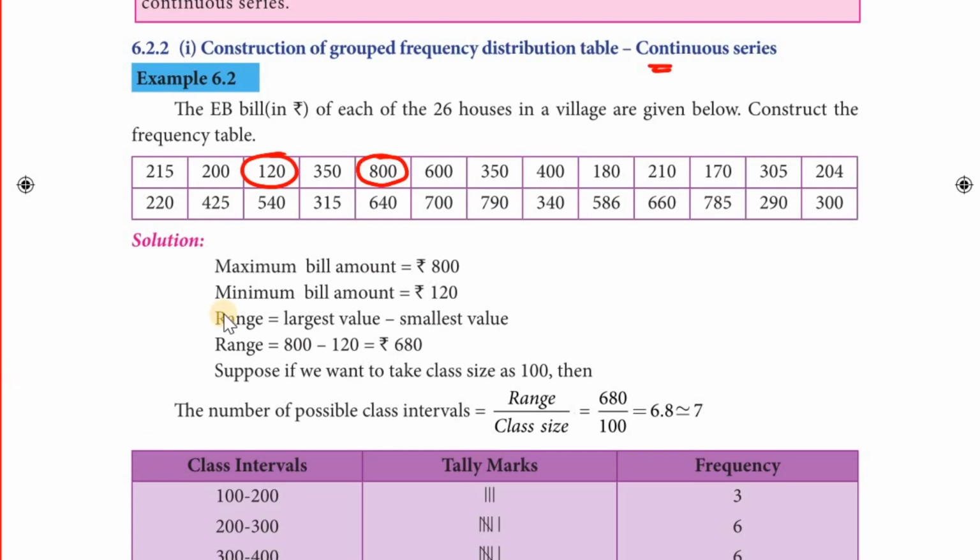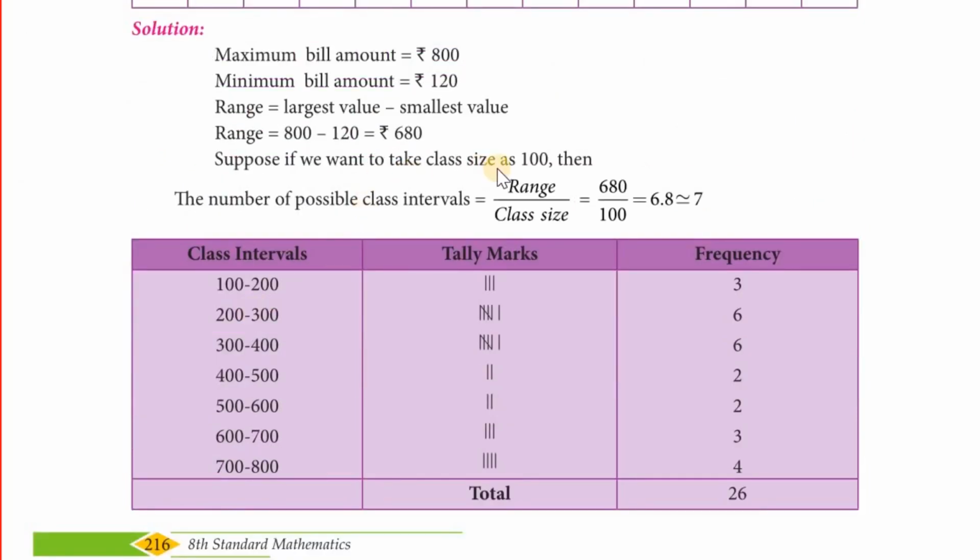Now let us take class size as 100. Then the number of possible class intervals is basically range by class size. What's the range? 680 divided by 100 is approximately 6.8. Now, whenever something like this happens, make this a larger number. So 6.8 is approximately 7. Had it been 6.2, you would also have taken 7.